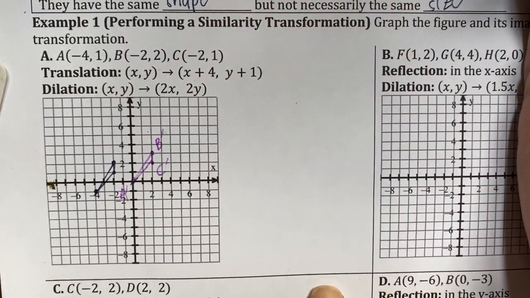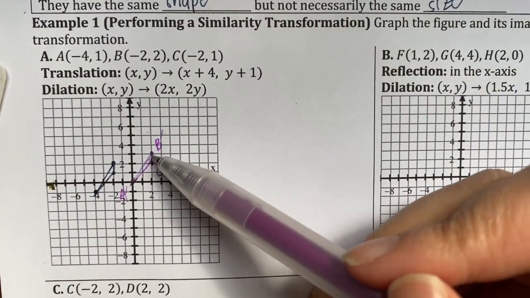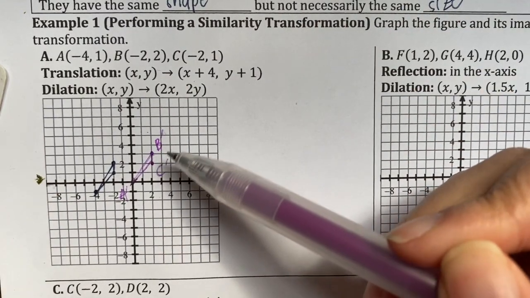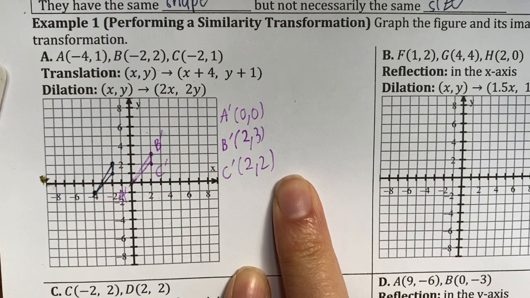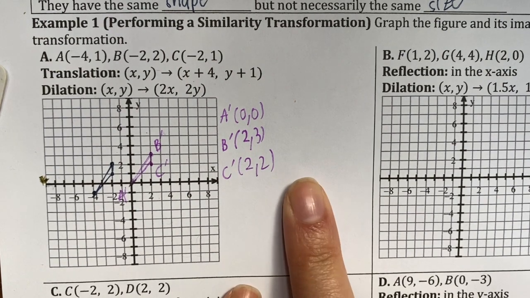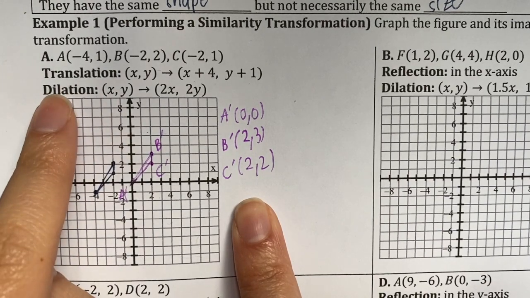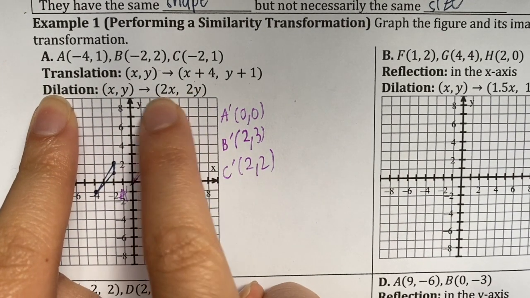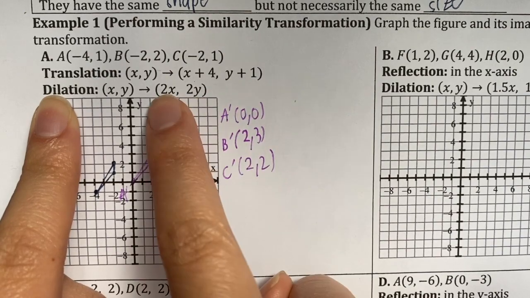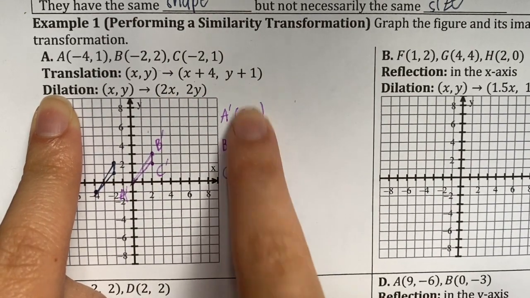I'm going to write down the coordinates so that we can perform the dilation mathematically. Or if you're great, then you can do it all in your head, but I'm just going to write down all the steps. Coordinates after the translation of 4 units to the right and 1 unit up. So I'm going to perform the dilation now. Notice that each x and y coordinate is multiplied by 2. So we're going to perform that algebraically, so multiply each x and y by 2.